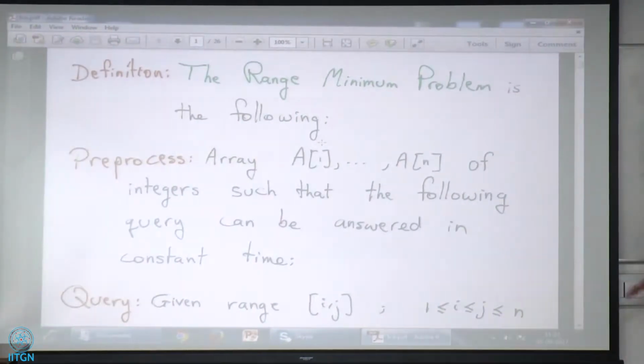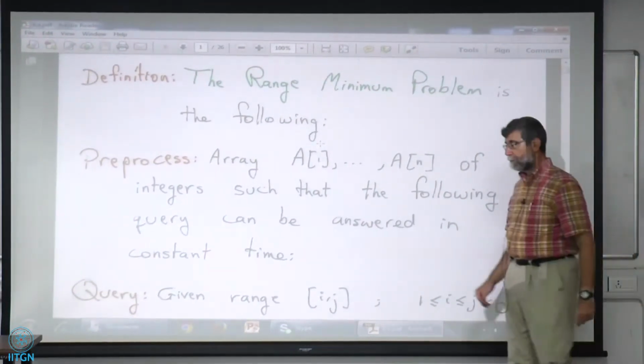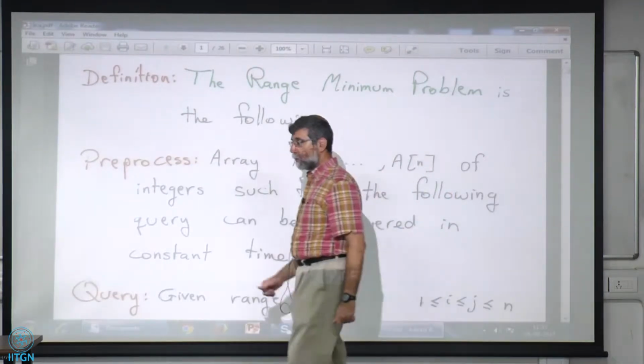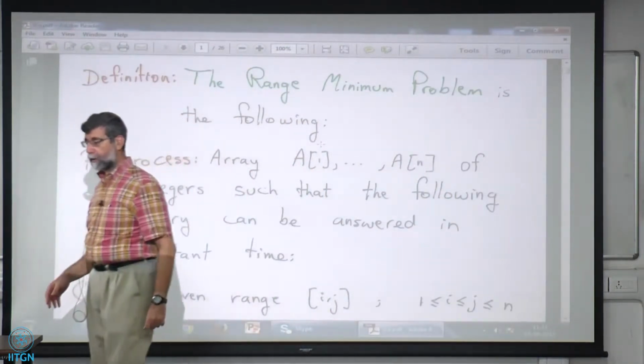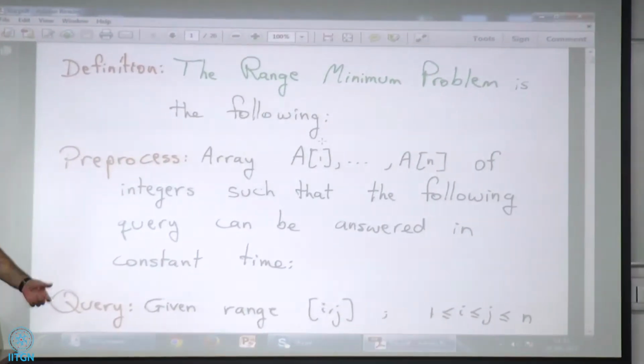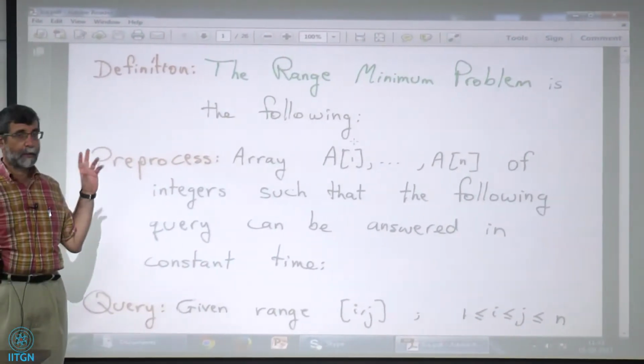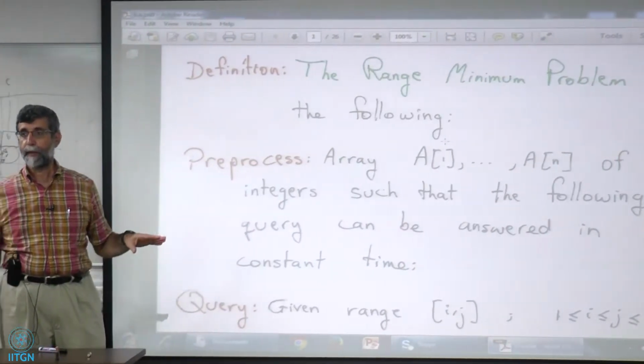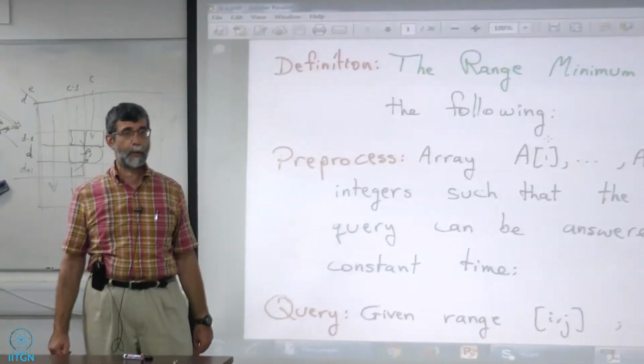The range minimum problem is one that, by the way, has many other uses in and of itself in pattern matching. We haven't seen any algorithms that made particular use of the range minimum problem, but they actually do exist.